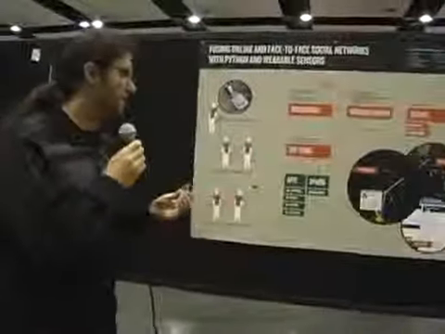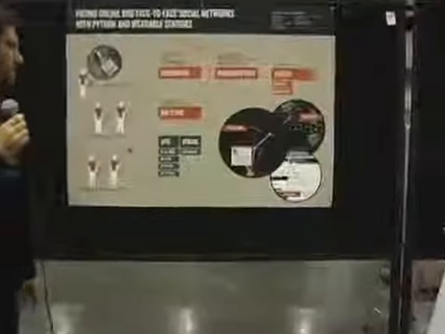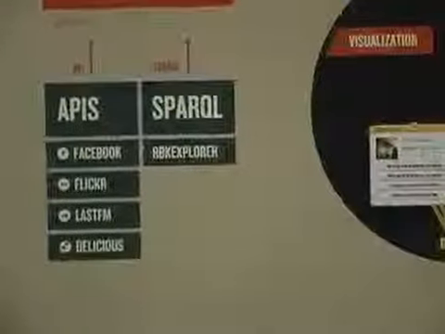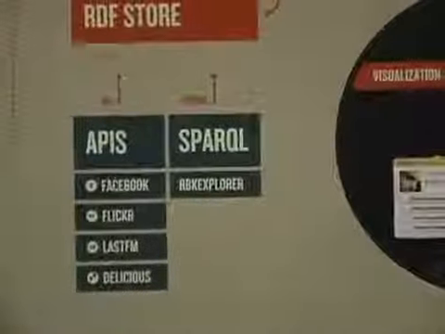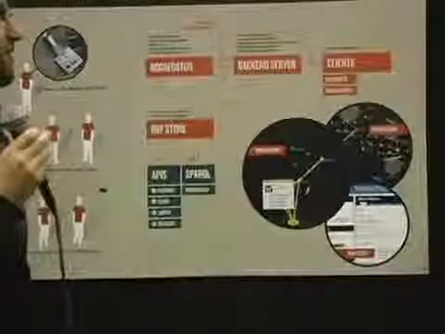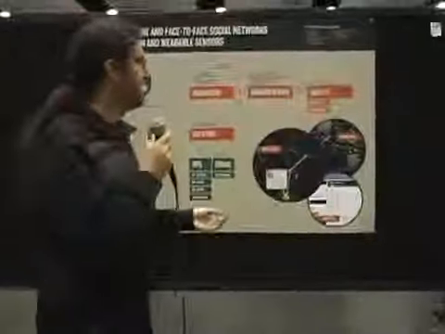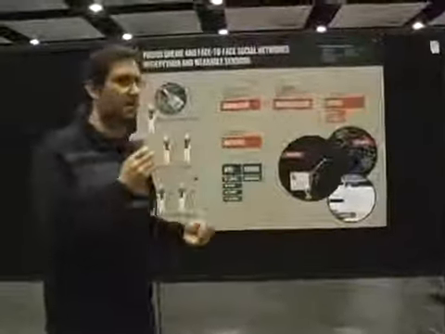We can collect information from Facebook, Flickr, Last.fm, and Delicious, and we send everything to our RDF store. And well, we merge everything. And in the backend server, we use the RDF format to send everything to the clients where you can see it in real time.